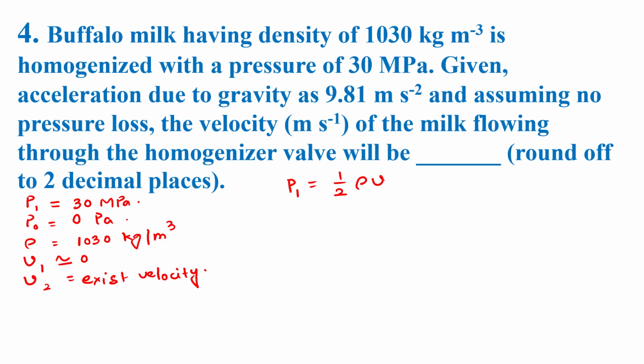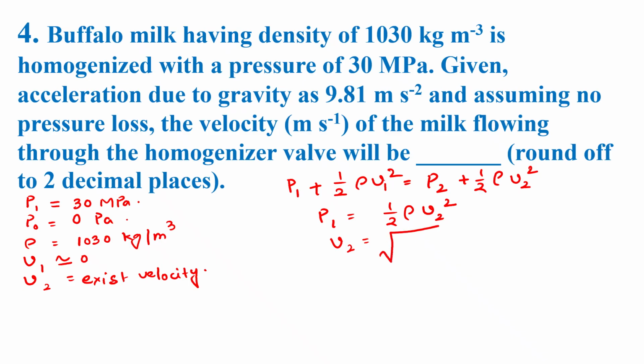Now we'll just simplify it. P1 is equal to half of rho V2 square, since V1 is negligible, or V2 is equal to under root of twice of P1 by rho. Just we have to substitute the values.